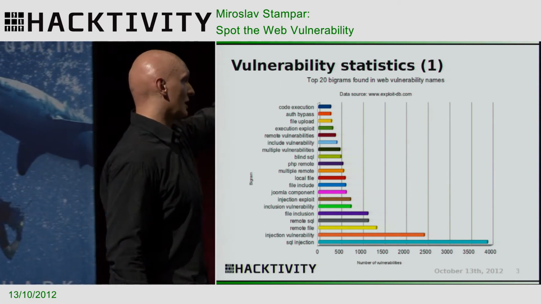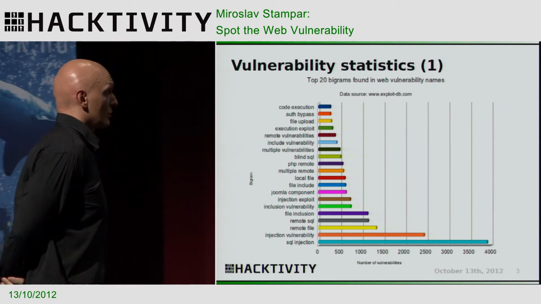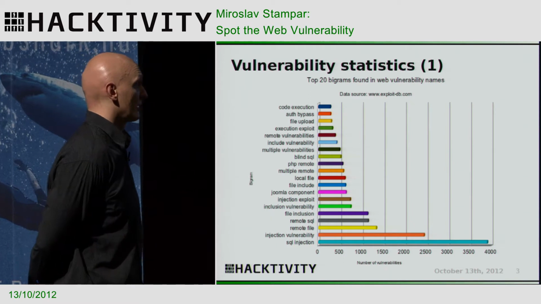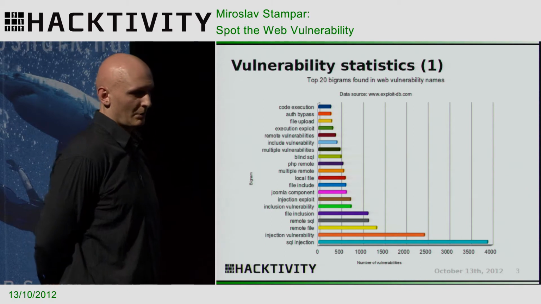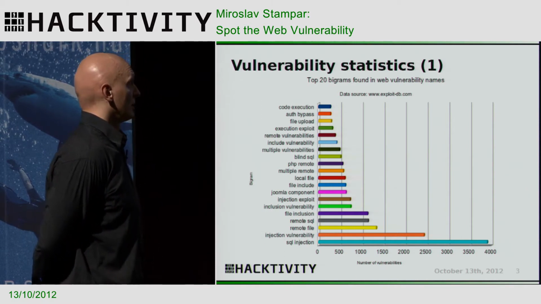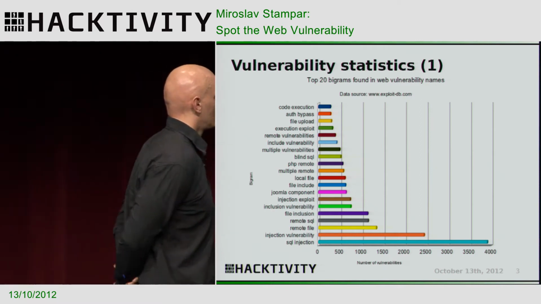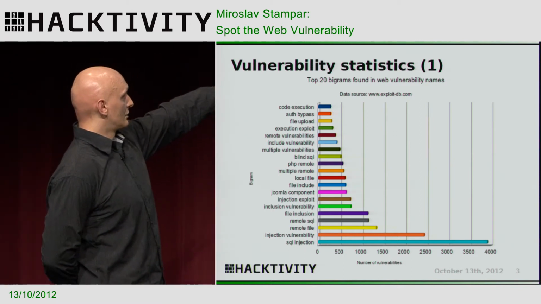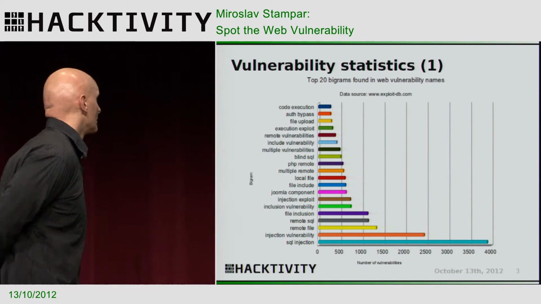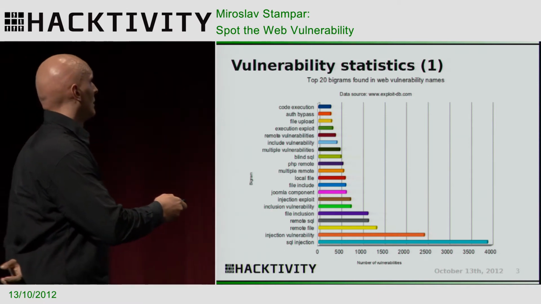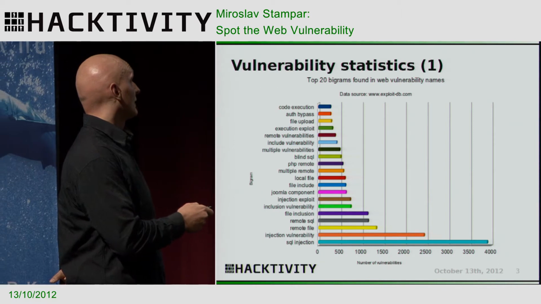So I ran this script, it collected all names, and resulted with this. You can see that SQL injection is by far the most prevalent vulnerability exploited by people around. Also, you have those injection vulnerability bigrams, which also include some of those SQL injection and cross-site scripting stuff. You see some inclusion, some local file inclusion.